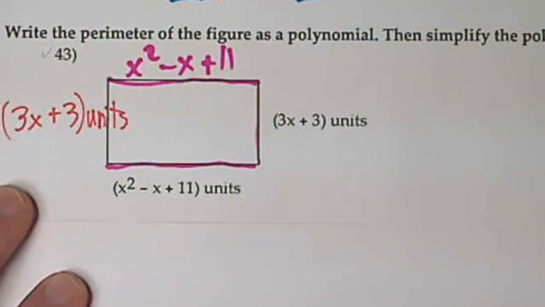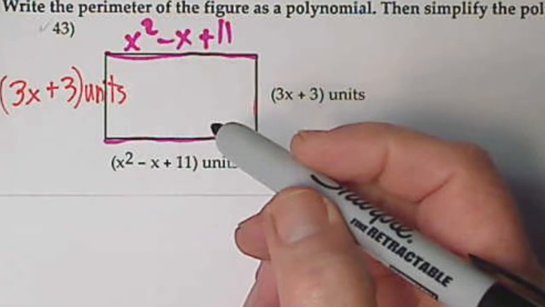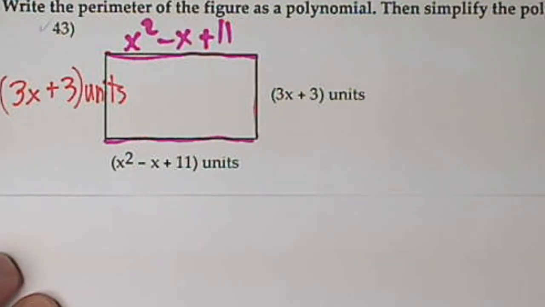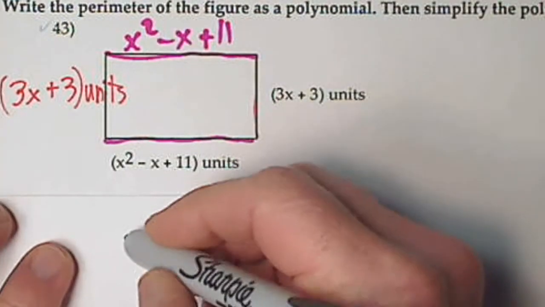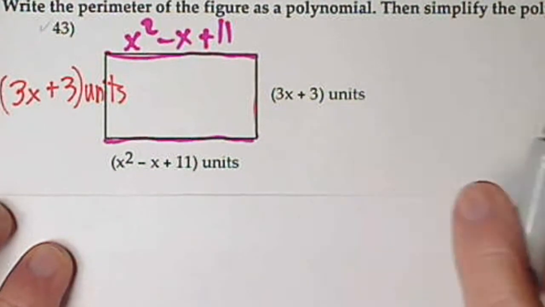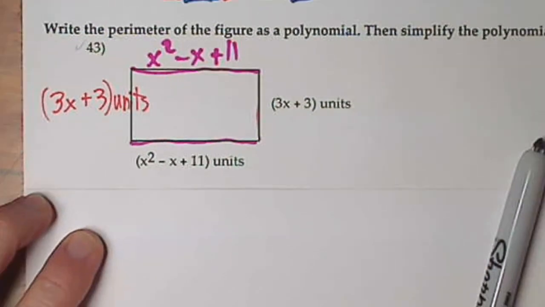Okay, so I'm going to slide this up a little bit. I could string them out, but I think what I'm going to do is just stack up our like terms. All right, so I have x squared, negative x, positive 11. So here's, I'm going to zoom out a little bit here just to give us some more room.